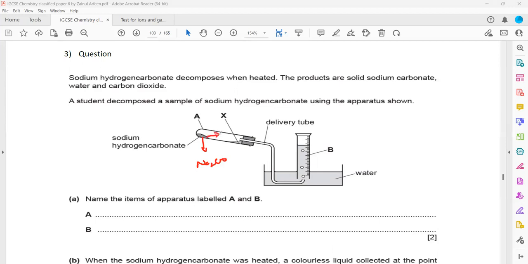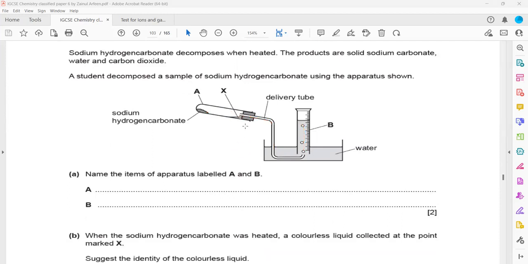It gives off water vapor, and as the vapor moves it might condense, so we might get water, H2O, here. The carbon dioxide gas will be collected here. The water produced might condense and be collected inside the test tube.